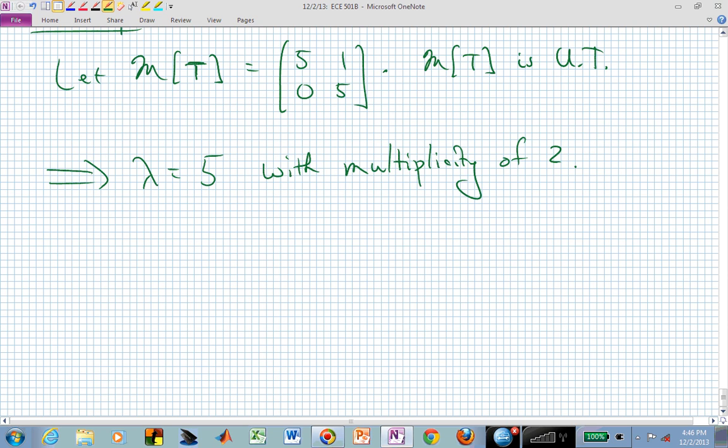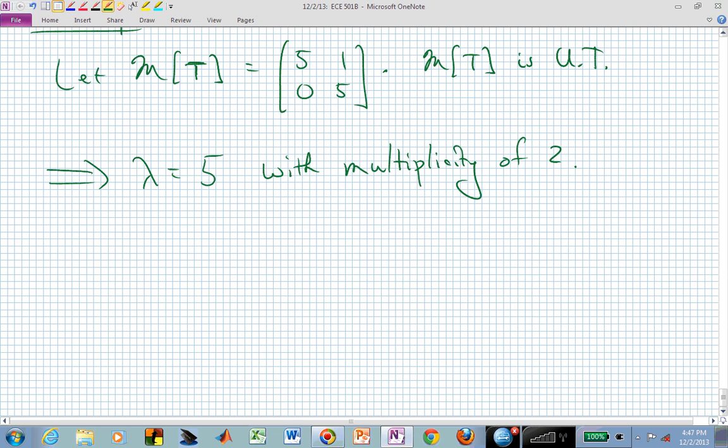Now, on your own, you can go home tonight and say, what if I had a two-dimensional matrix that was 5 and 5 on the diagonal and nothing off the diagonal? It was a purely diagonal matrix, and you can see what happens when you try to compute the eigenvectors associated with that. You should find that you now have two linearly independent eigenvectors for that diagonal matrix.